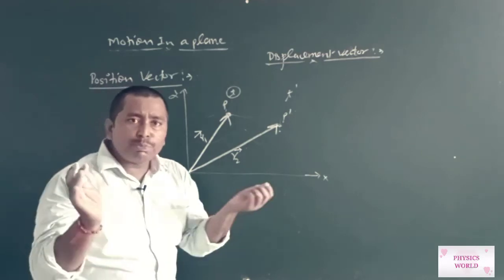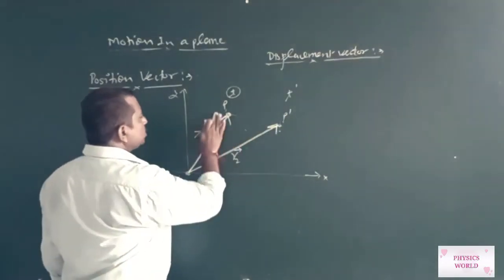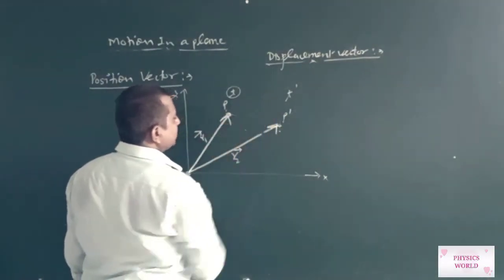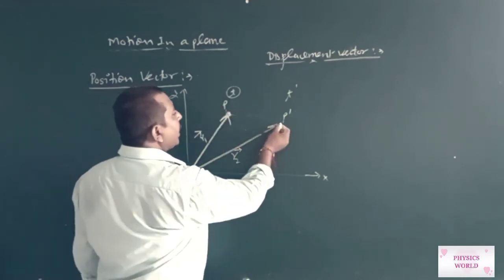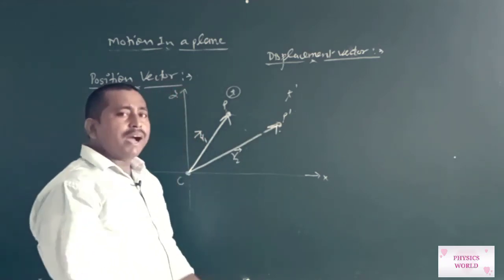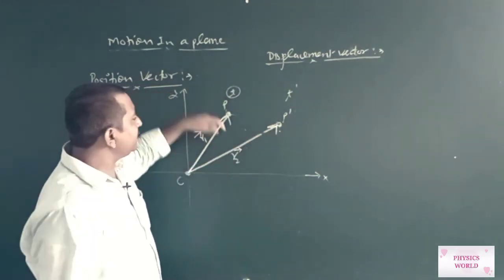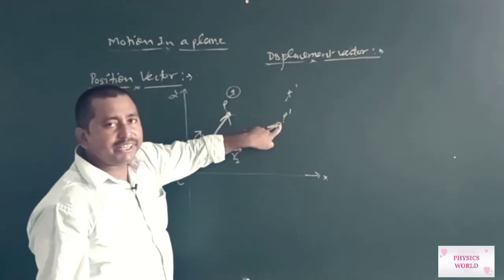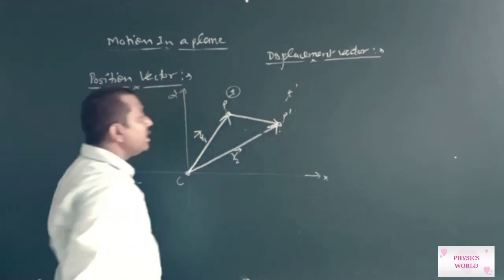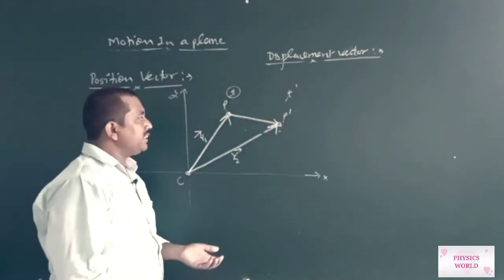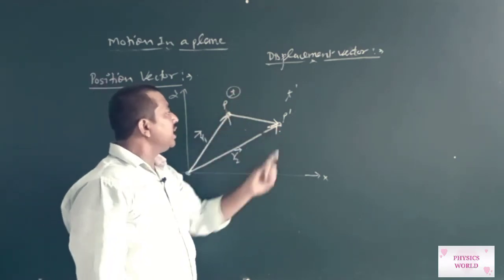So what displacement is created by the object? Since the object moves from point P to point P dash, if we join these two points with a straight line starting from P and ending at P dash, then the straight line joining P to P dash provides us the displacement of the object from point P to P dash.